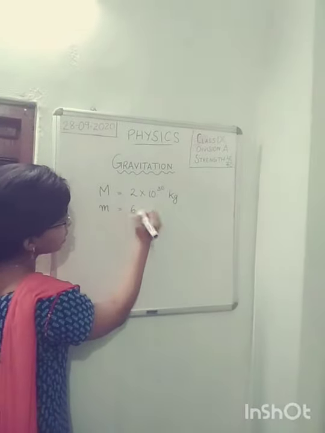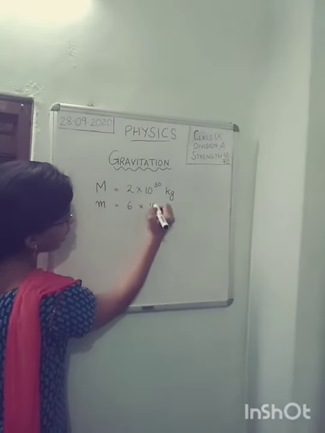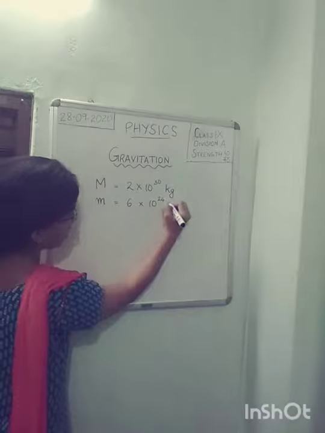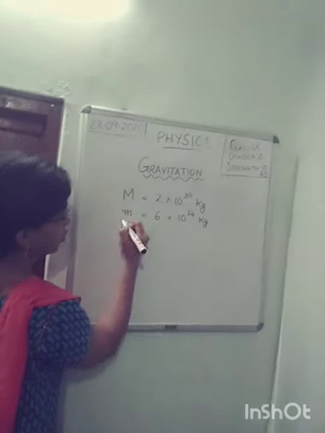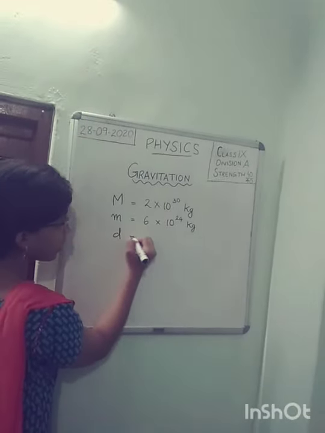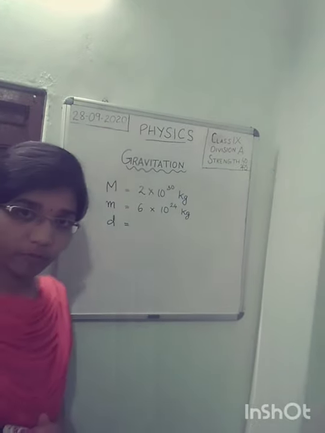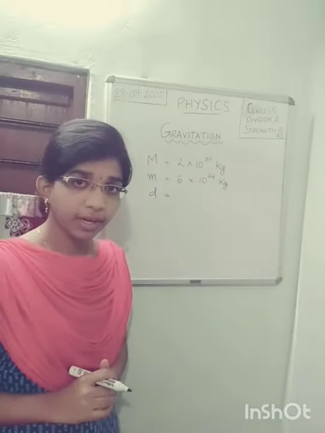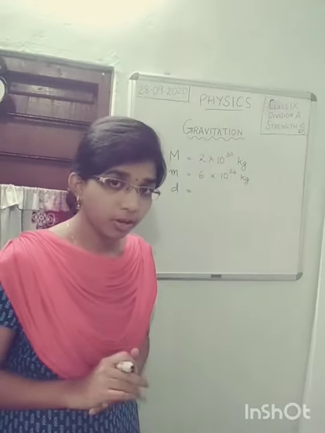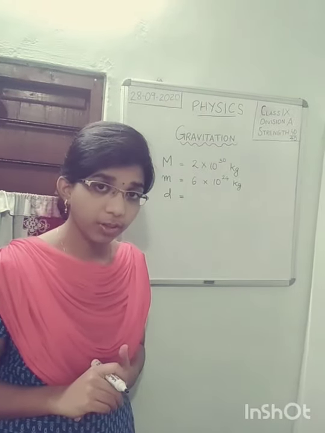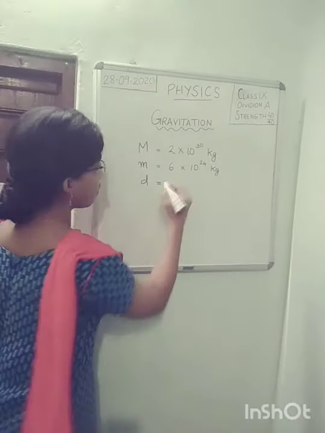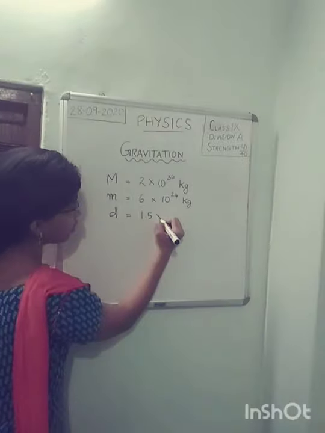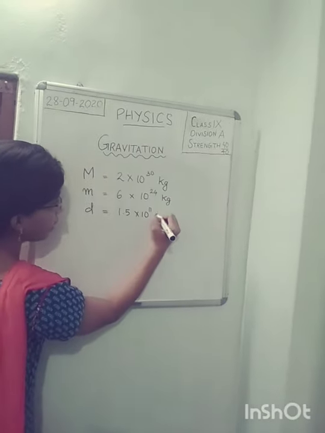It is 6 into 10 raised to 24 kg. What is the distance between Earth and Sun called? It is called the astronomical unit. What is the value of an astronomical unit? It is 1.5 into 10 raised to 11 meter.